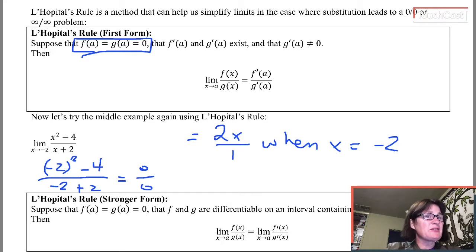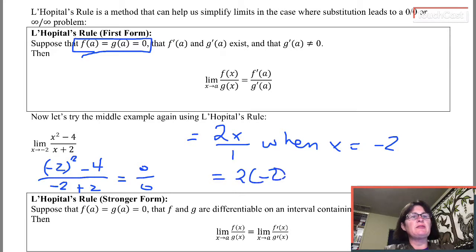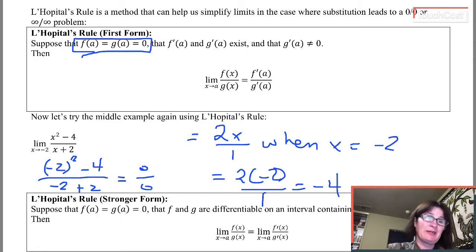So this is going to be the same as finding 2x over 1 when x equals -2. So that's going to be 2 times -2 over 1, which is -4, which should be the exact same answer you got when you solved this problem at the beginning of the video, I expect, by using factoring and canceling. So notice, for some cases, you might find that L'Hopital's rule goes even faster.